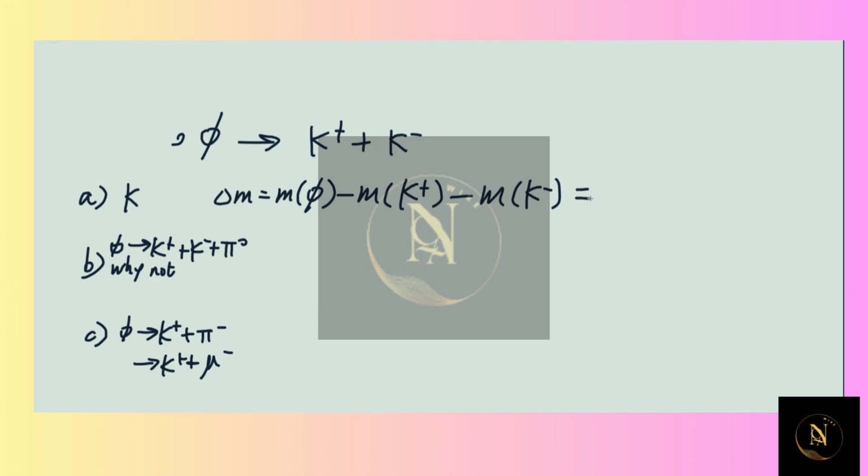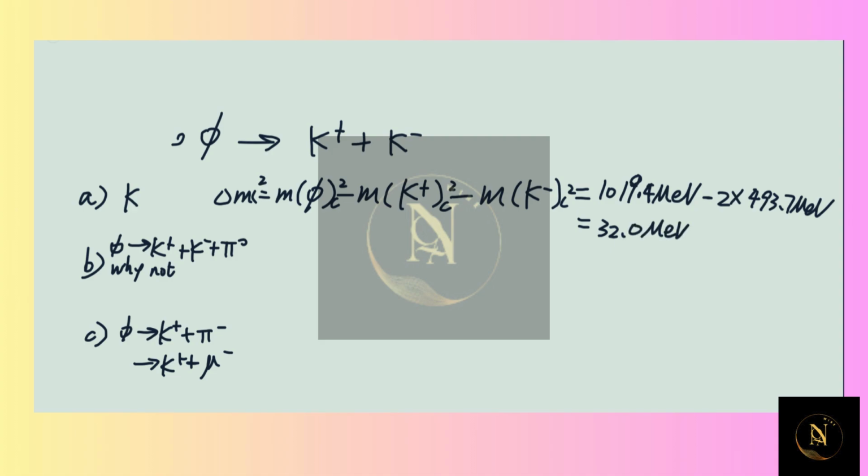Actually, let's look at mass equivalent, because Mc squared is then just M. This is going to be 1019.4 MeV for phi, and then 2 times the K, as the antiparticle and the particle itself have the same energy, so times 493.7 MeV. This gives us an energy of 32 MeV.